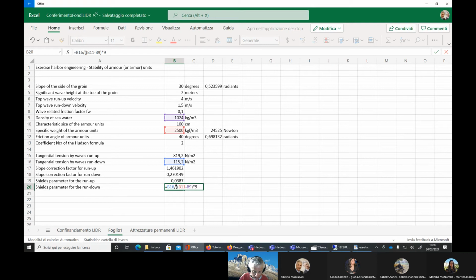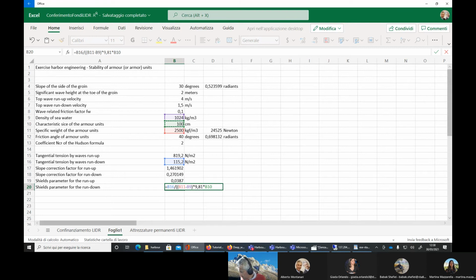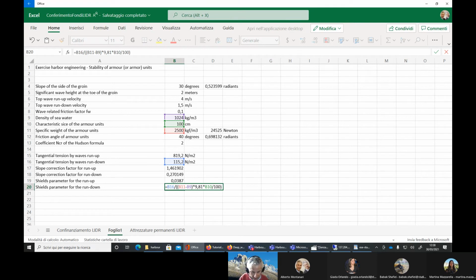Times 9.81 times D. Good. Times D. And then I think I have just divided by 100. And then I close the parenthesis, and then I need to divide by the correction factor. Let's see if it works.